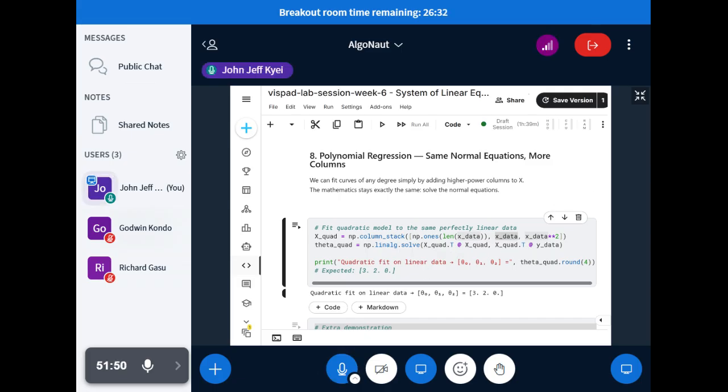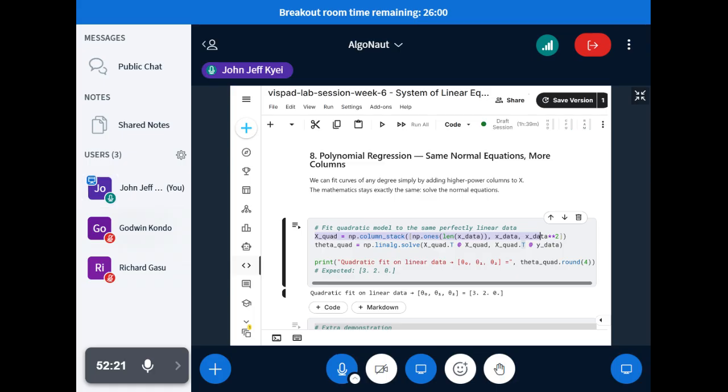So what I'm trying to say is our c is our intercept term, so that's our column of ones, and then bx is our x data, and our quadratic term, the ax squared or the x squared, is that x data with exponent 2, right?